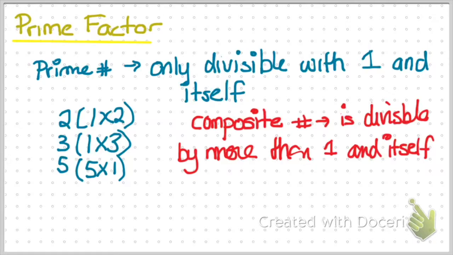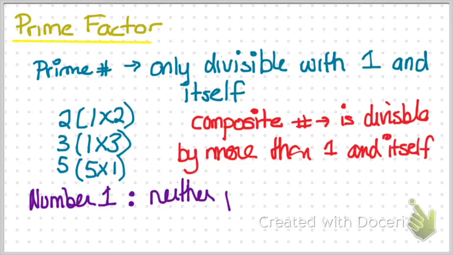I just want to make a huge shout out to the biggest exception, the number 1. What is the number 1? Is that a prime number or is it a composite number? The number 1 is neither prime nor composite. It's just the number 1.